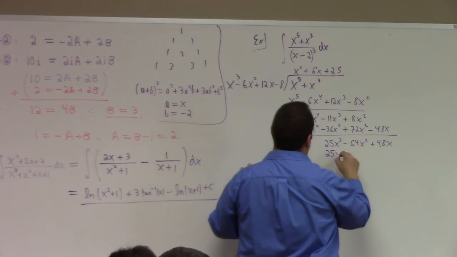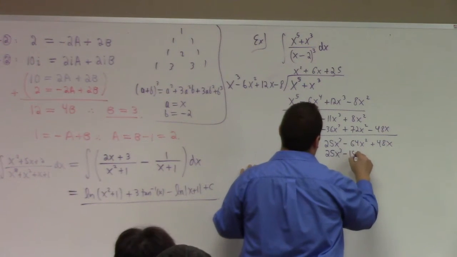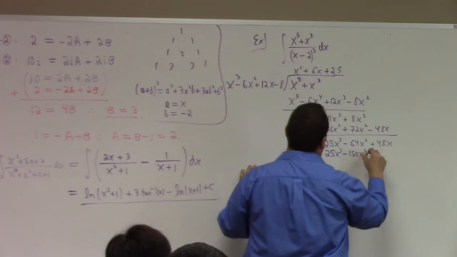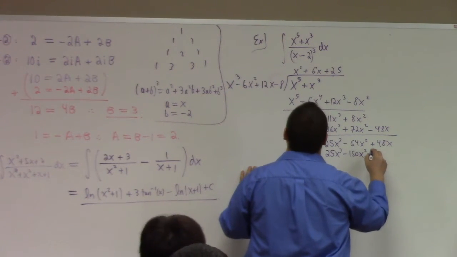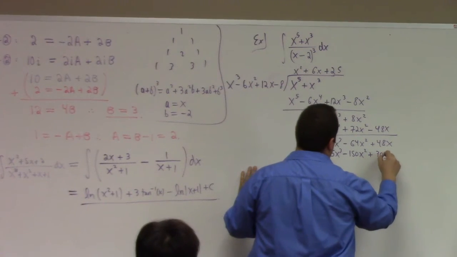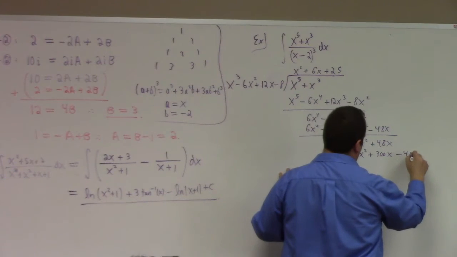So I've got 25x cubed. Oh, goodness gracious. Minus 150x squared. 300. Oh. Plus 300x. Minus 400.